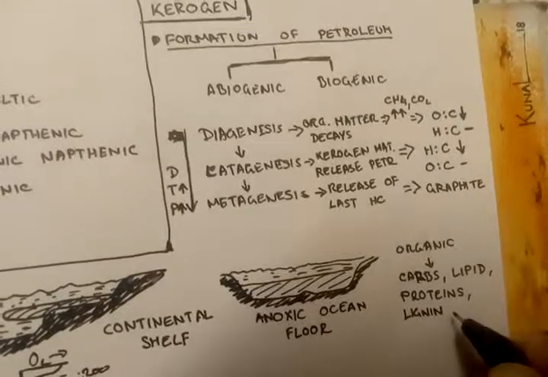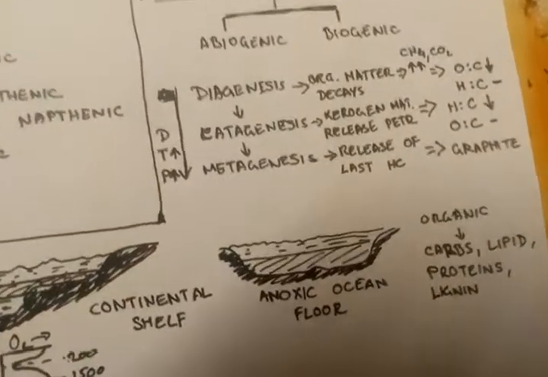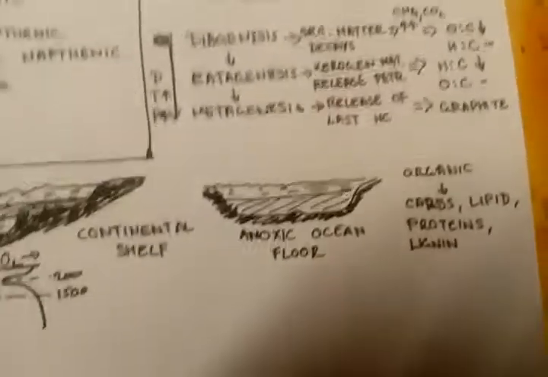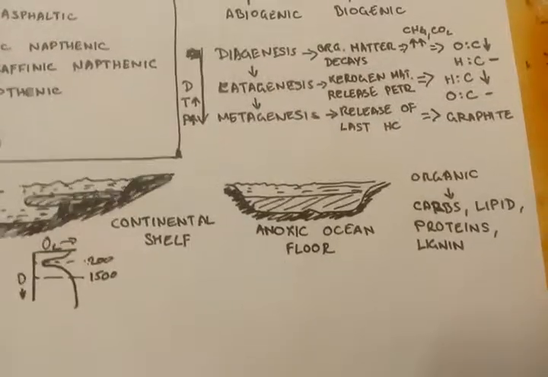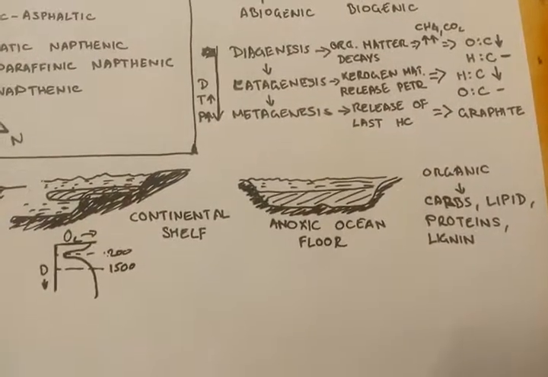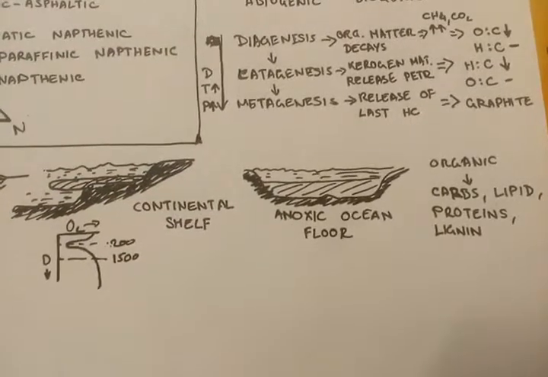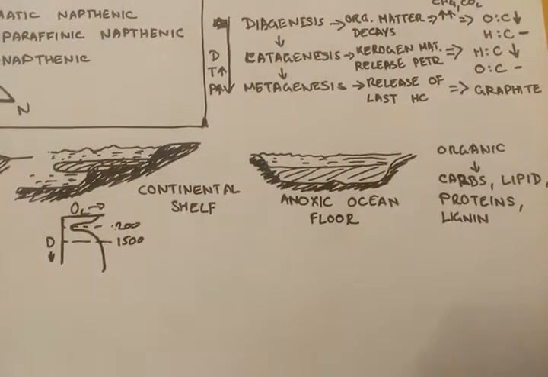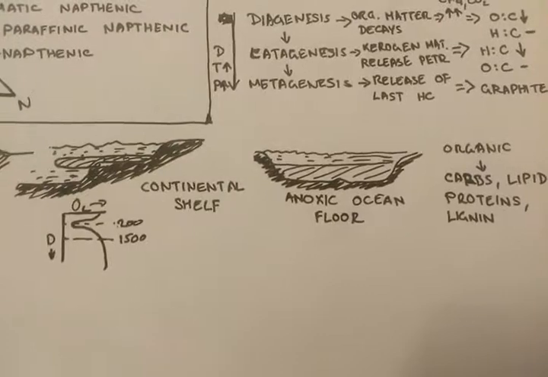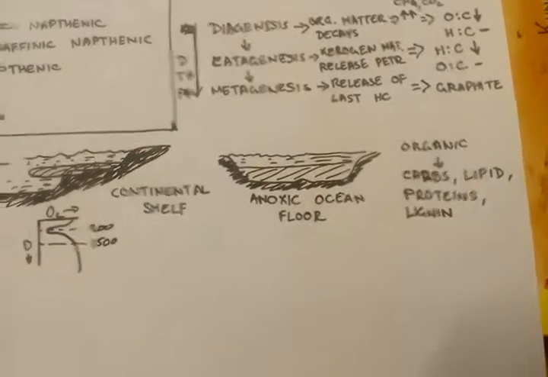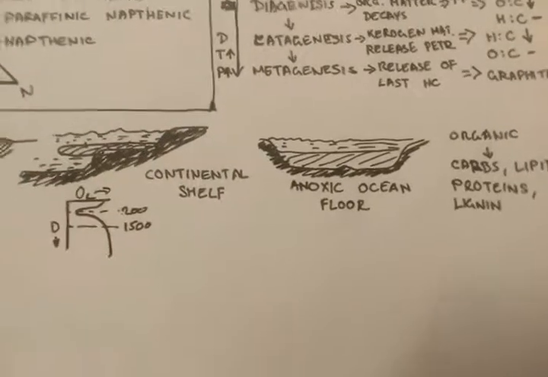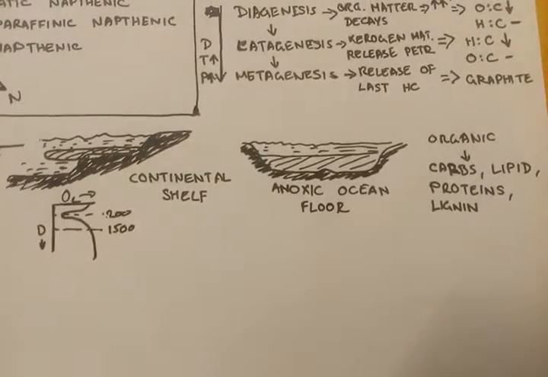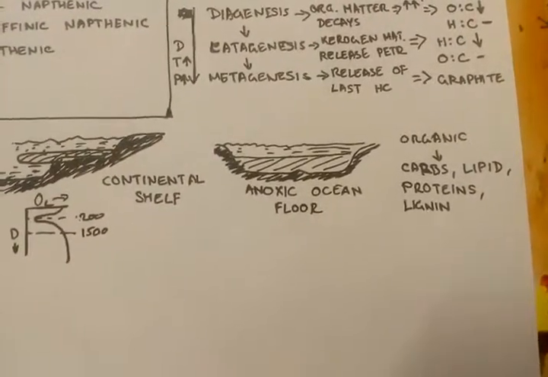Carbs are basically, the basic thing is a glucose molecule, C6H12O6, and this polymerizes and forms cellulose, starch, and a lot of other things. So that is carbohydrates.